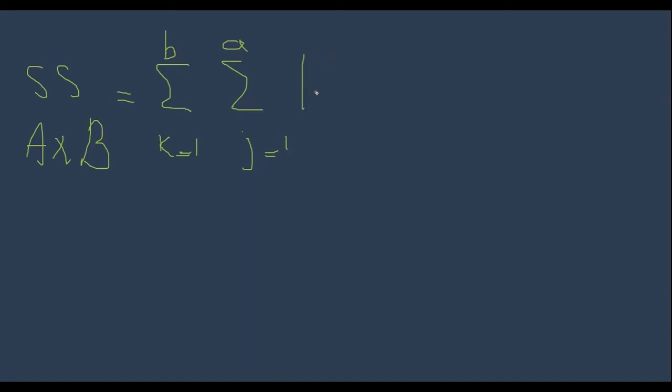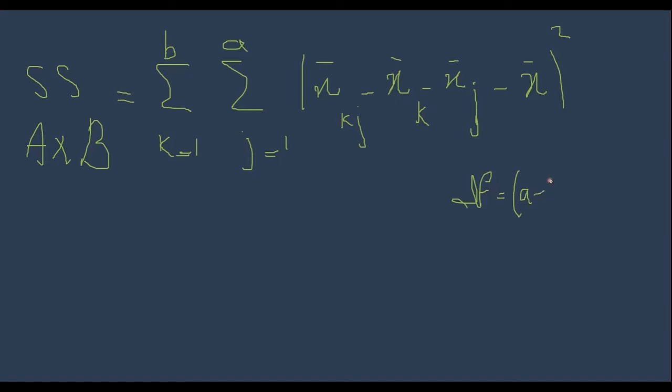So we have the sum of squares for interaction of A and B is k from 1 to number of levels of B, and j from 1 to levels of A, and x bar for kj minus x bar of k minus x bar of j minus the whole average, power 2, and then degree of freedom in here is a minus 1 times b minus 1.